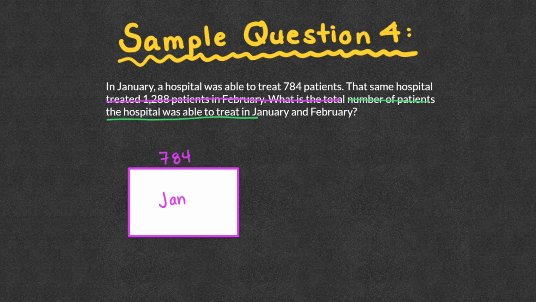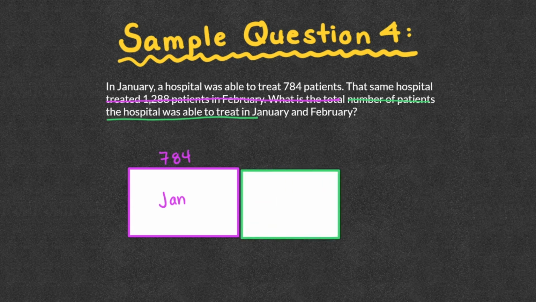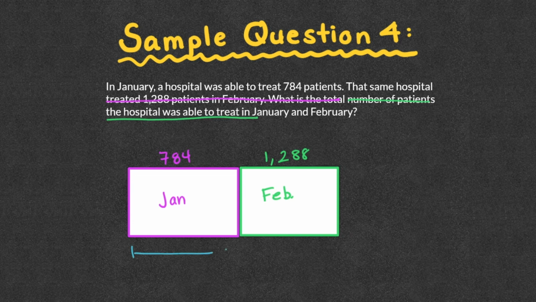So let's put that box here. And we know that February was 1,288 patients, and that was February. So I have January next to February, and now I need to find the total amount. So what I'm missing is the total amount for these 2 months.